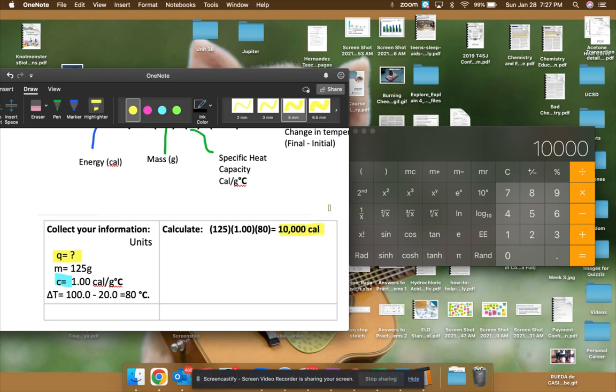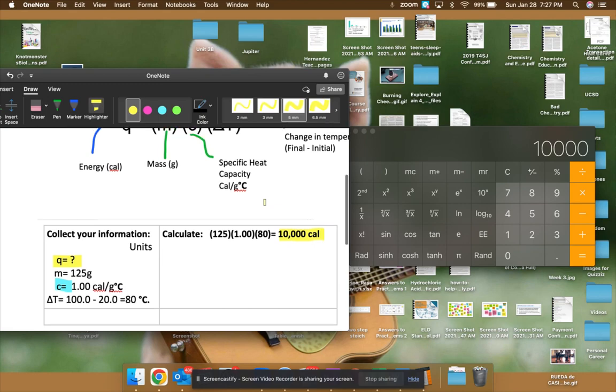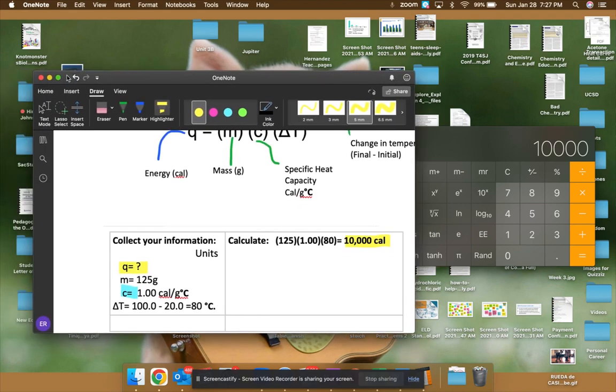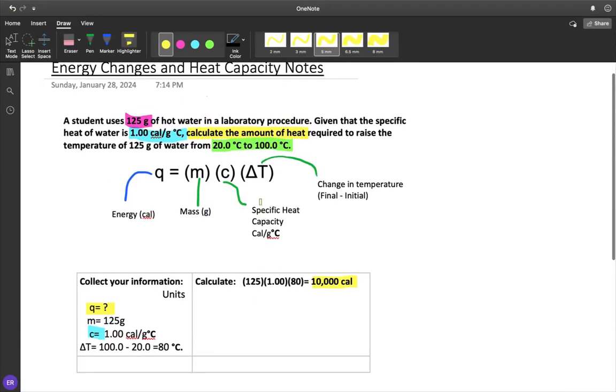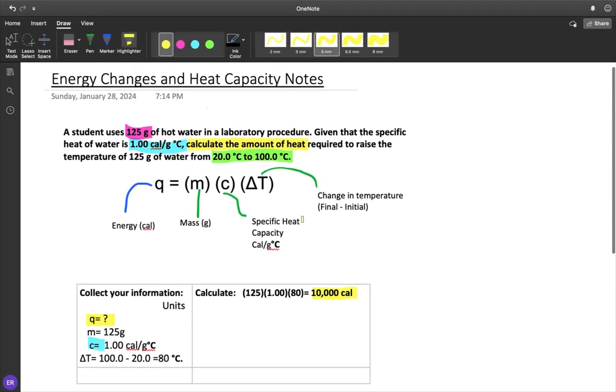Okay, let's summarize before we end this video. Reminder, our equation is energy equals the mass times the specific heat times the change in temperature. In our problem, we gathered all of our information. Our mass is 125 grams of hot water, and the specific heat of water is 1.00 cal over gram degree Celsius.